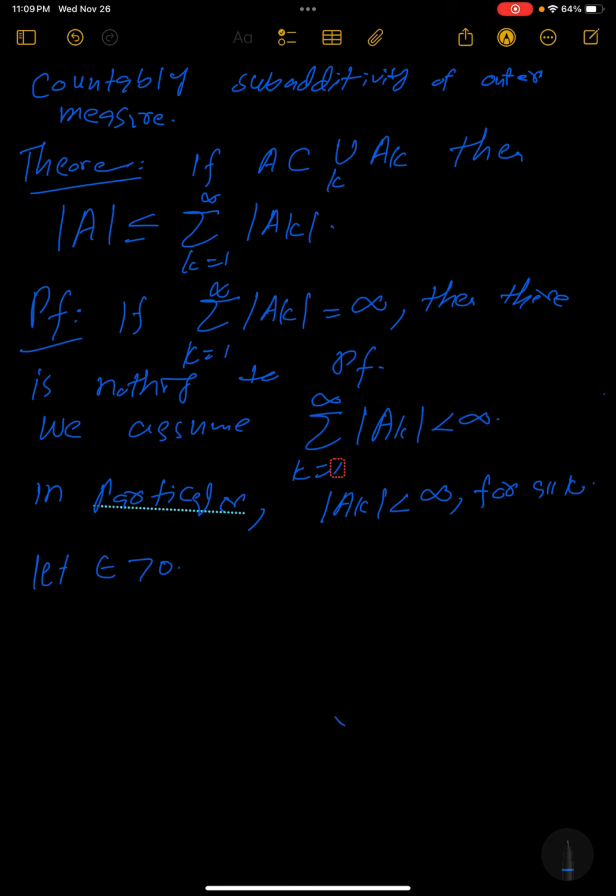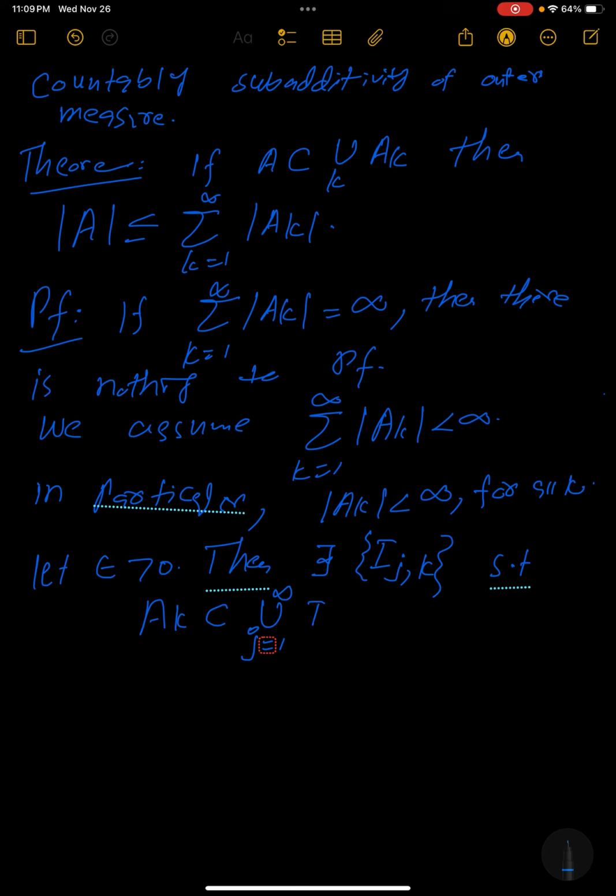We have a positive number epsilon, then there exists a sequence of open intervals which we denote Ijk, such that each Ak is contained in the union over j equal to 1 up to infinity of Ijk.